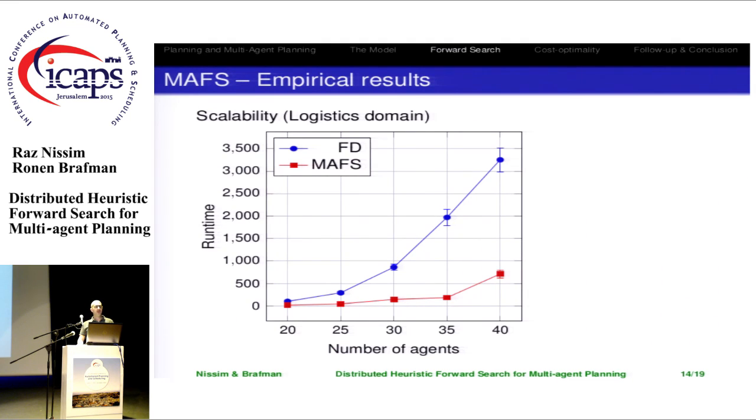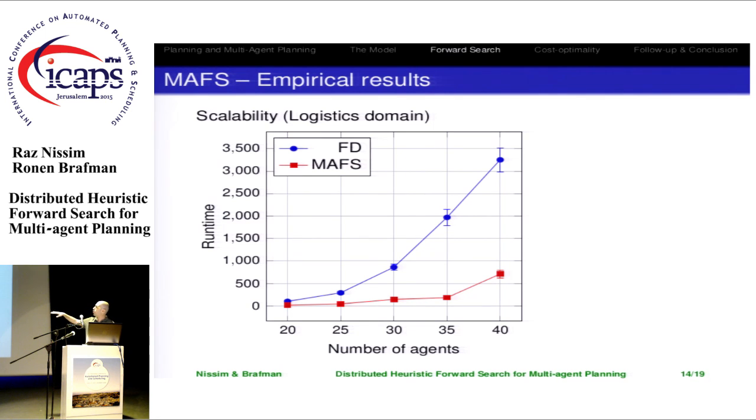Just one thing about scalability, because this was one of our main efforts going forward. We ran these problems on a multi-core machine, trying to scale up to as many as 40, around 50 agents. And we're comparing here to Fast Downward, which uses exactly the same heuristic estimates. And this is for logistics.